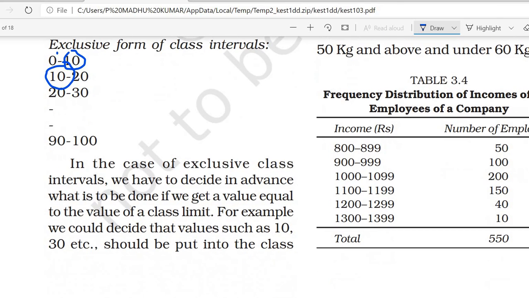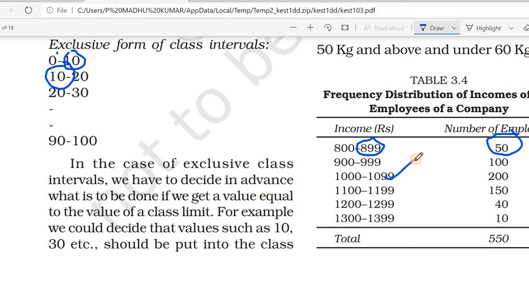Here you can see in this table it is 800, 899, 900, 999. In this table 899 is taken in this number as 50. Okay, if it is 899 then it will be calculated in this class. If it is 999 it will be calculated in this class.